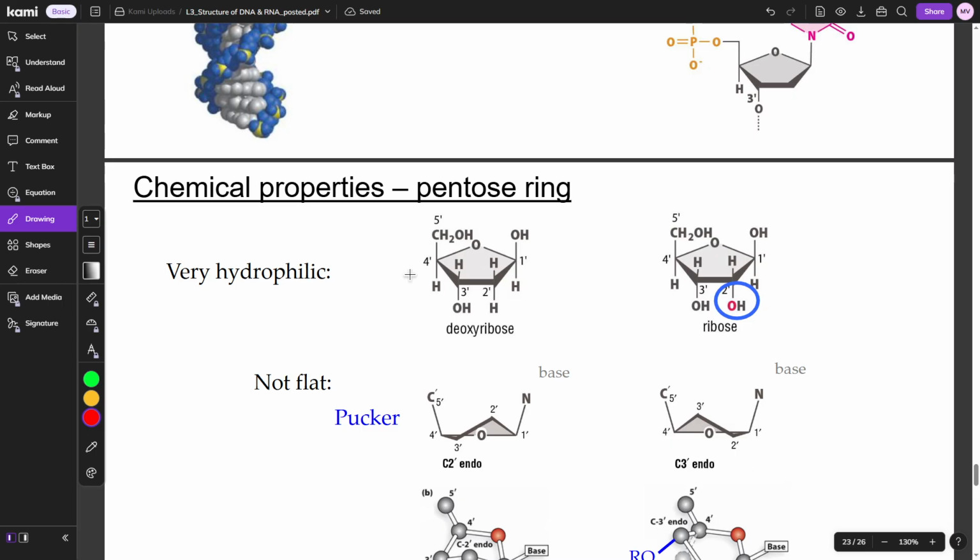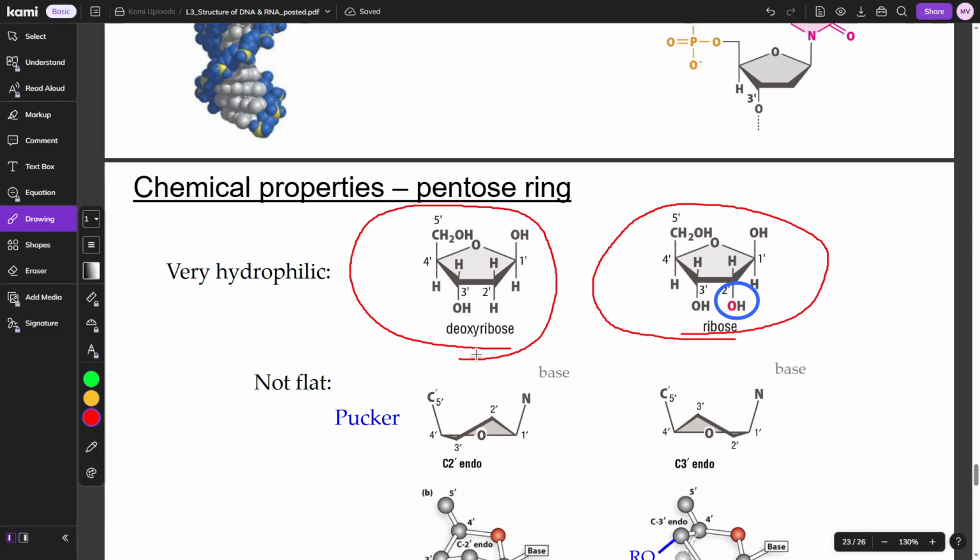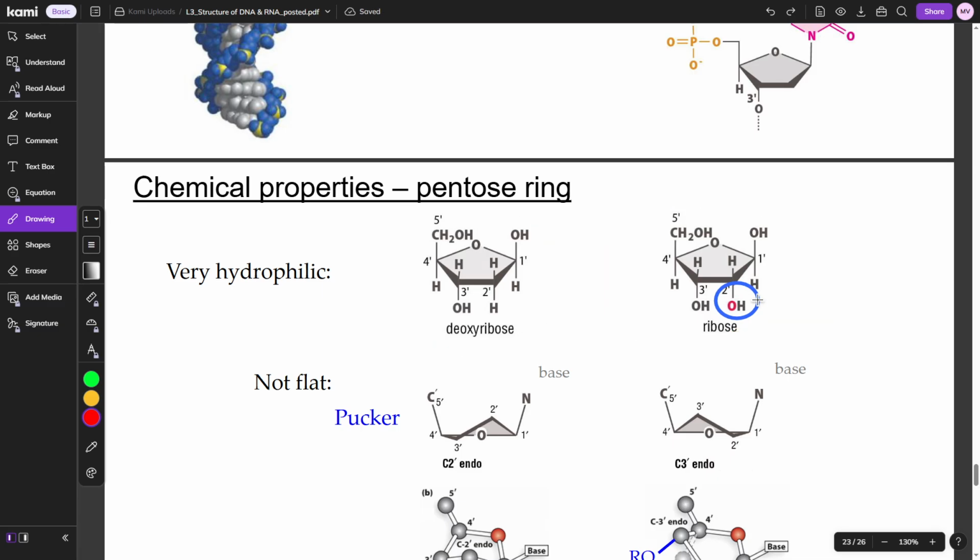Okay. Now we move on to the chemical properties, the pentose rings. And what you should know here is for the rings, we've got the normal ribose and we've got the deoxyribose. And the only difference between these two is the 2'.